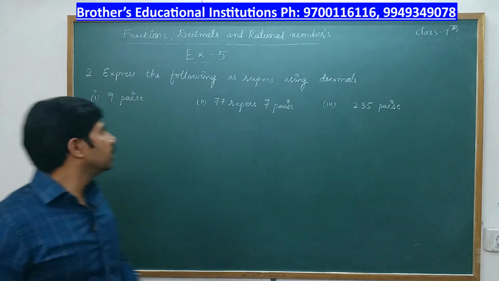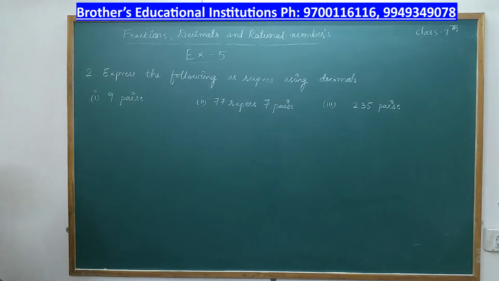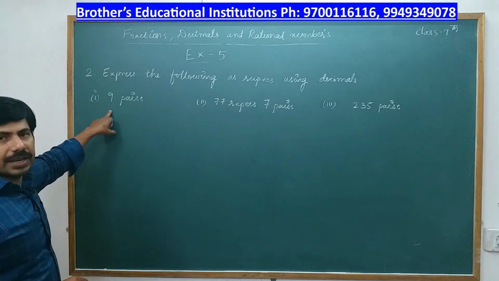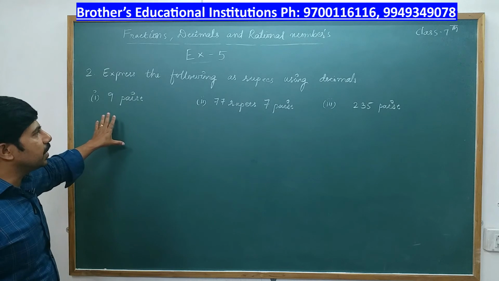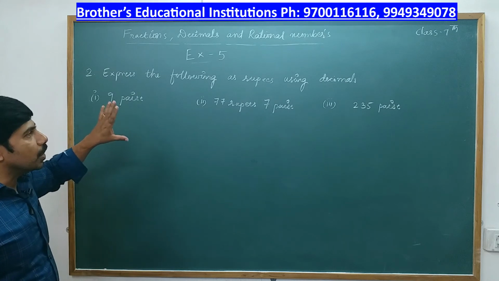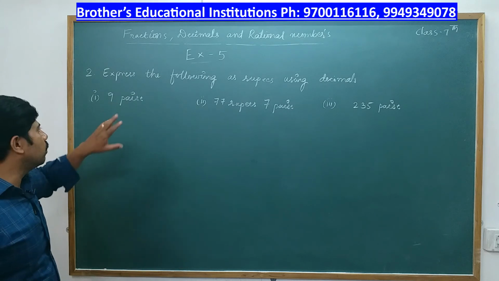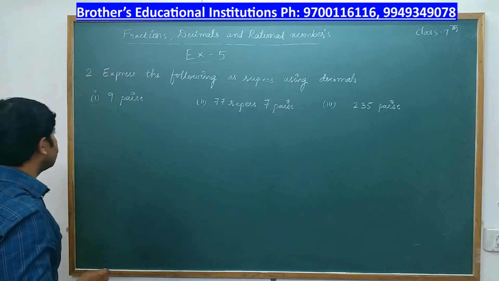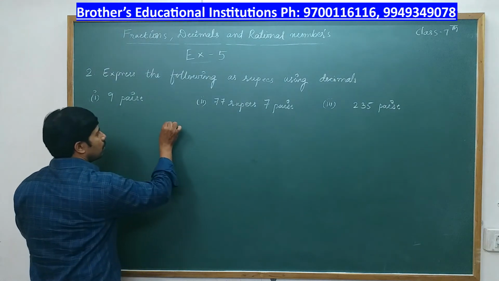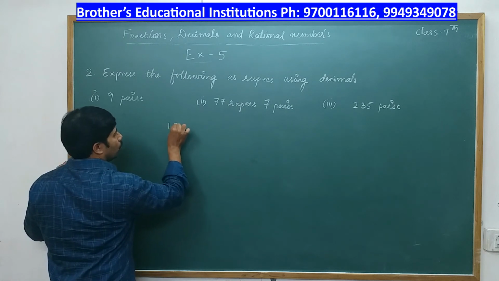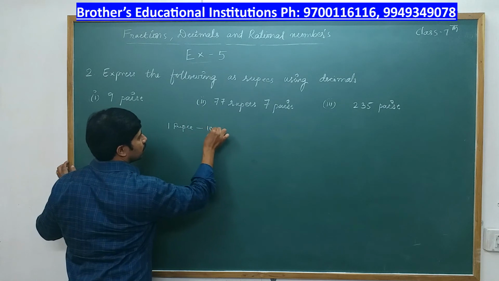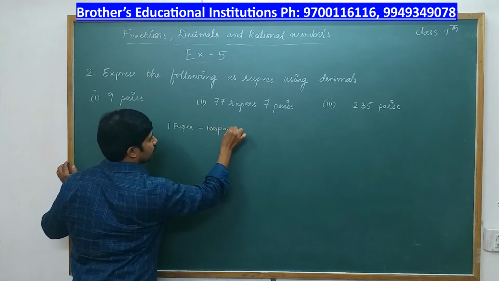Next question. Express the following as rupees using decimals. So first one we have is 9 paise. So what I do is I'll convert this paise into rupees. See how to convert. 1 rupee is nothing but 100 paise.